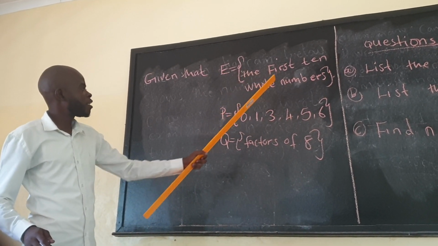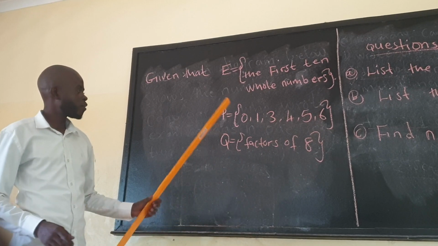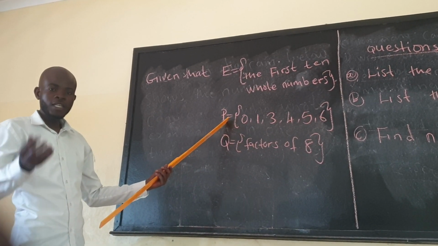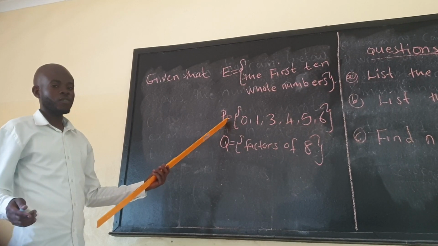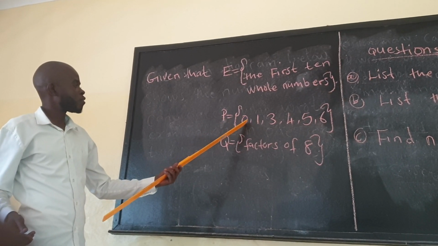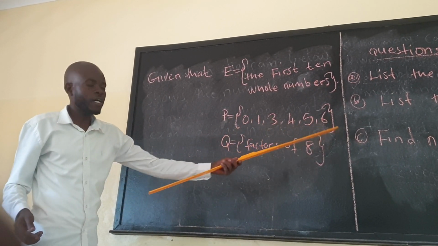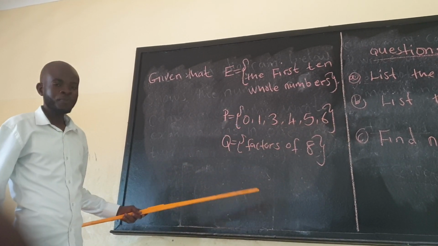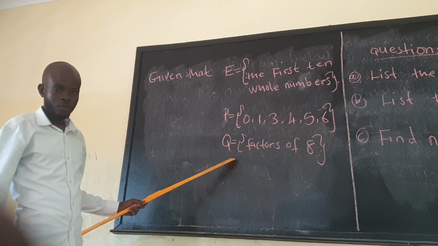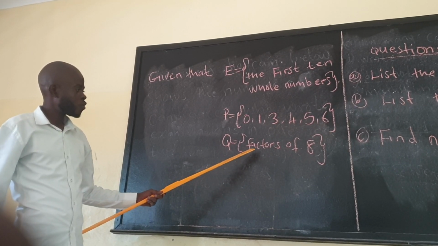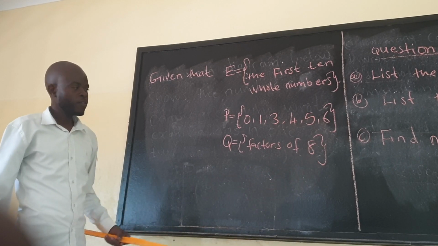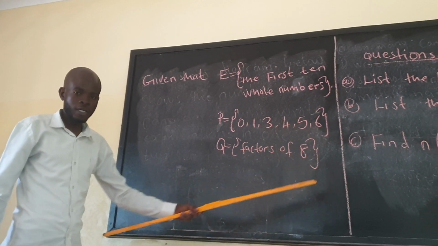Then P, which is a subset inside the universal set, must have 0, 1, 3, 4, 5, and 6. These are the members of P. Then we have Q. So for Q, they are saying factors of 8.